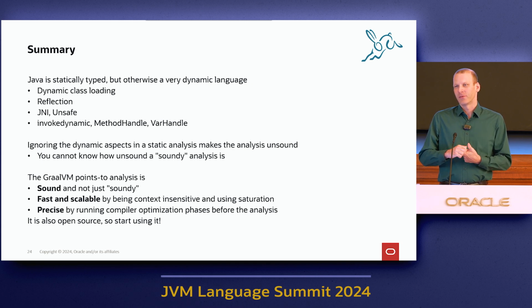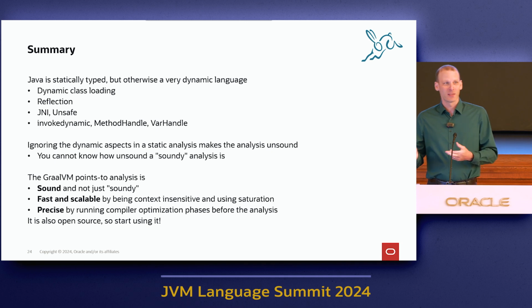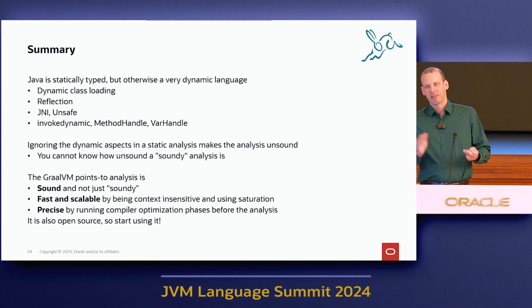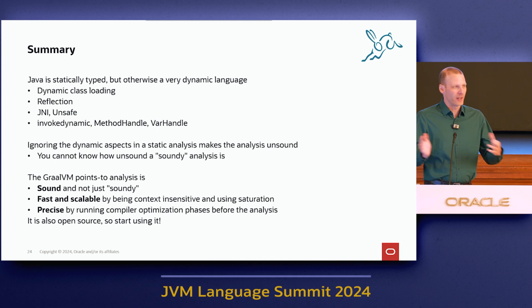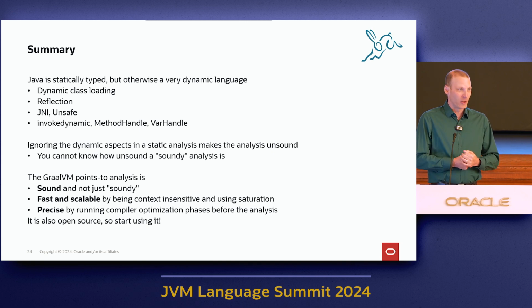The same applies if you do a Class.getDeclaredMethod with a constant method name and a constant parameter list, because as we all know, we always want to invoke private methods that we are not allowed to call directly, so we use reflection for that. All of these things are resolved automatically without configuration files before the static analysis.